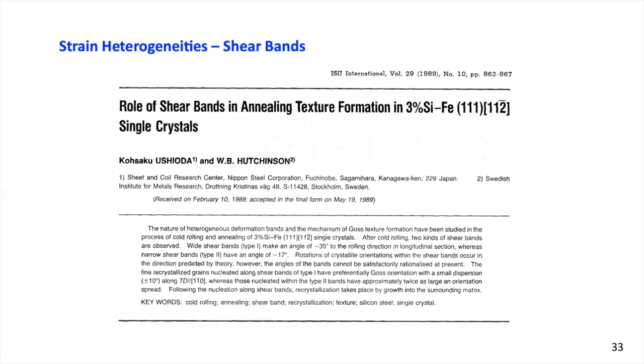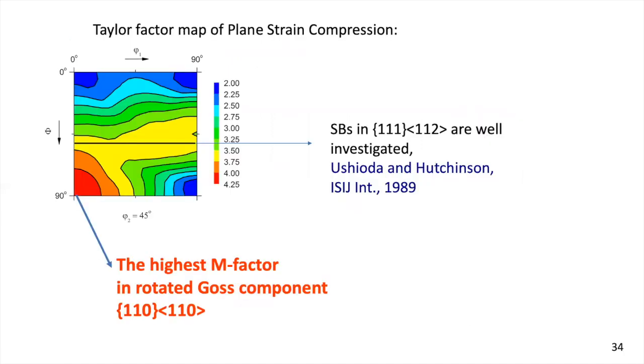There's a lot to say about the occurrence of shear bands during plastic deformation. This has been very well known since long ago. There is a seminal paper by Ushioda and Hutchinson in '89, in which a very nice theory is explained for the occurrence of shear bands in {111}<11-2> orientations.